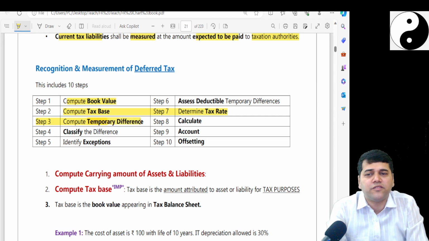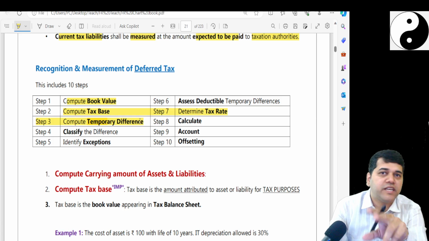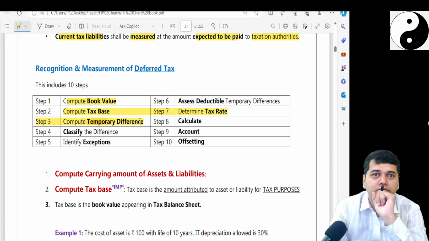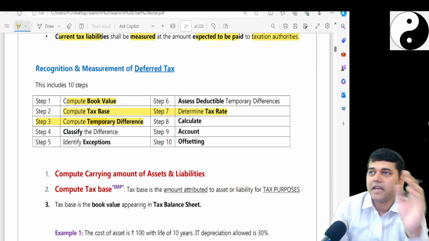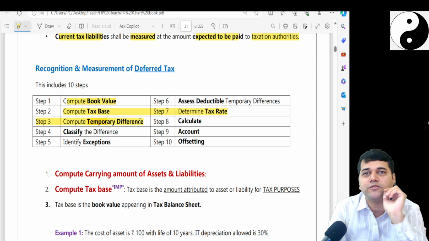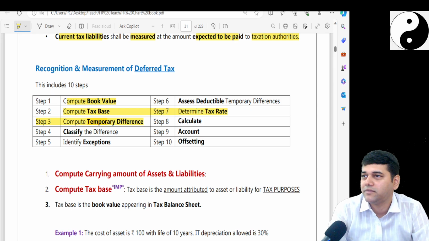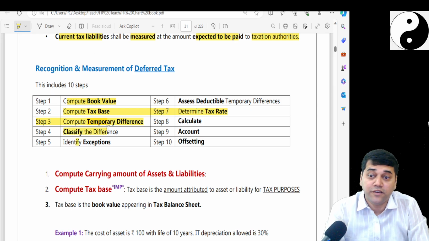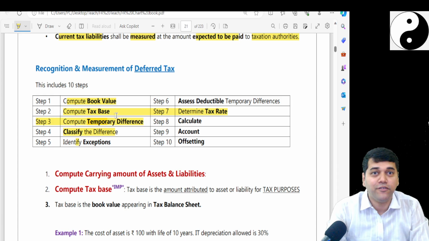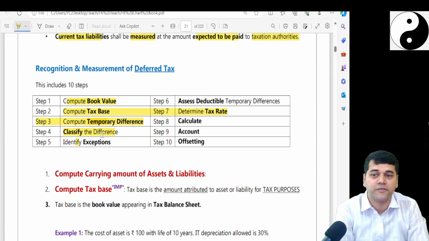Then computation of temporary difference. Any first standard or second standard student will do it; it's finding out the difference between the two. Then classify the difference, whether it is a deductible temporary difference or a taxable temporary difference.